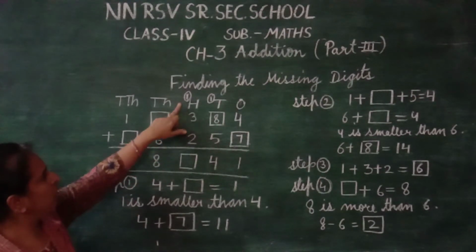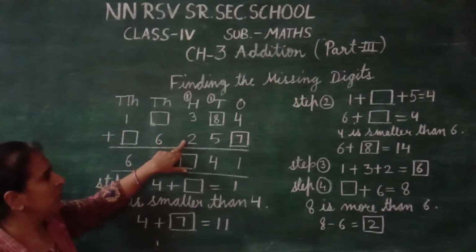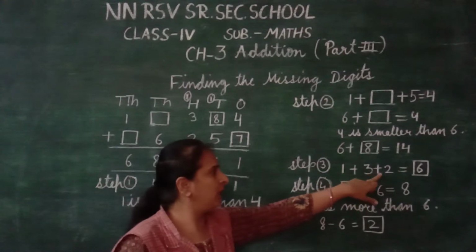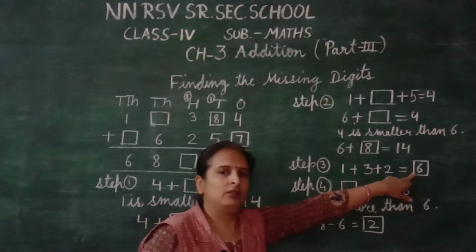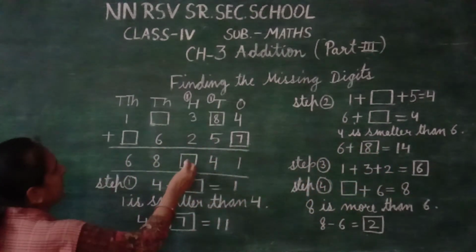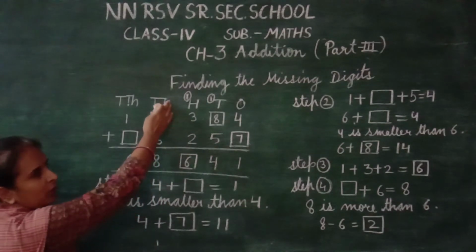1 carried over, first addend 3, second addend 2. 1 plus 3 plus 2, the answer is 6. Then we write 6 in the hundreds place. Here there is no carry.